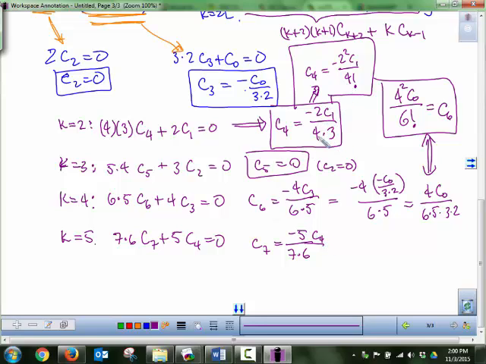And c sub 4 was equal to negative 2 c sub 1 divided by 4 times 3 divided by 7 times 6. And so negative negative is positive, so let's call it positive. We have 5 times 2 times c sub 1 divided by 7 times 6 times 4 times 3. So if we square the 5 and square the 2, we can get a 7 factorial down here.